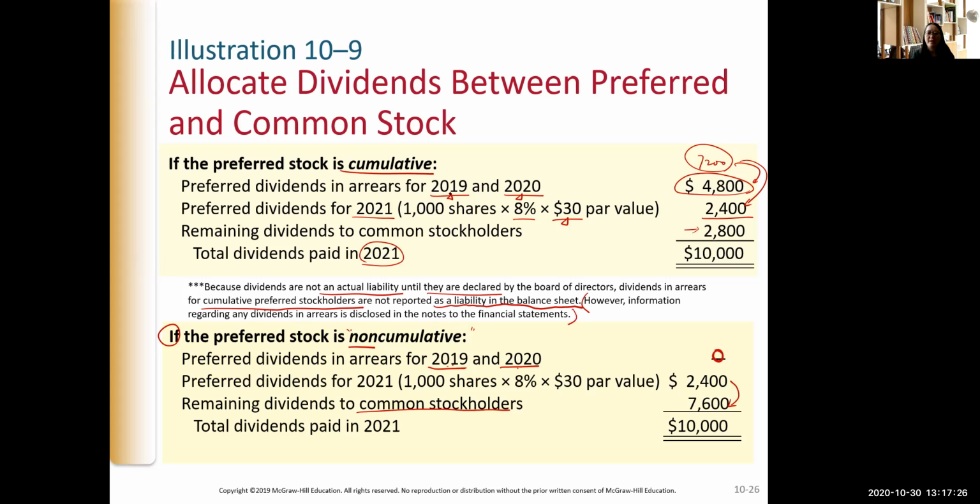In other words, in 2019 and 2020, although the preferred stock is cumulative and you already owe them money, you do not need to record it as a liability in the balance sheet. You still need to disclose it, but you don't need to record a liability.